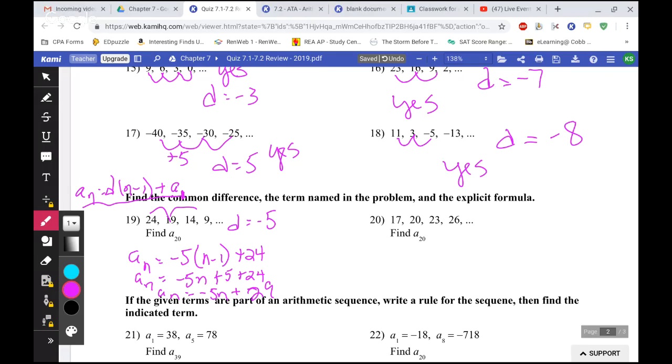And now I'm going to combine like terms, that 5 and that 24. And so now I have my explicit formula. Where'd you get the +5 and -5 times -1? When I distribute that 5 into there.